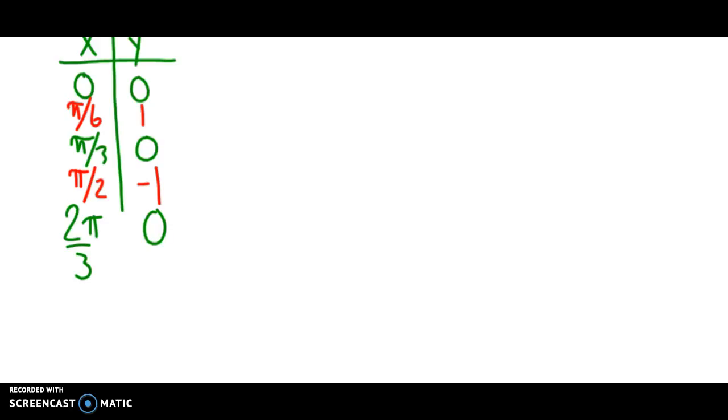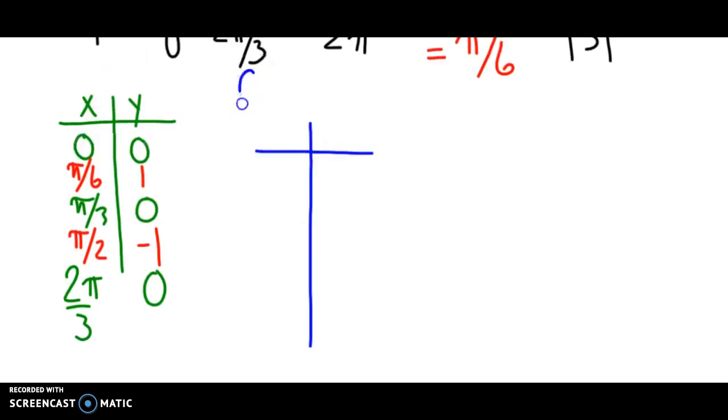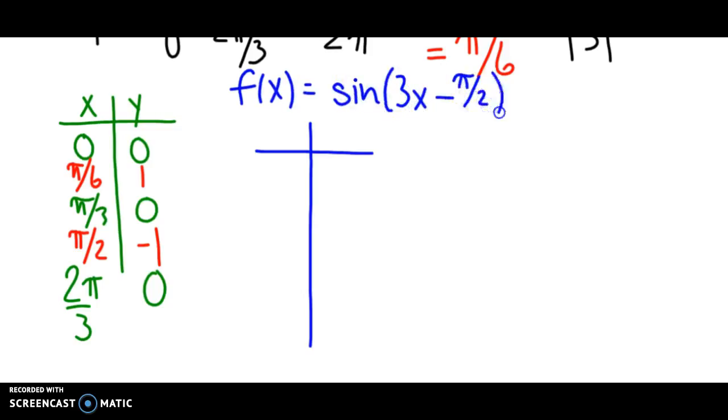Now, this is just when we're looking at the difference in the period. Now we have to take into consideration the phase shift. So this is actually the equation, f of x equals sine of 3x minus pi over 2. Now we said our phase shift is pi over 6. That means I'm going to add pi over 6 to every one of my x values to start.